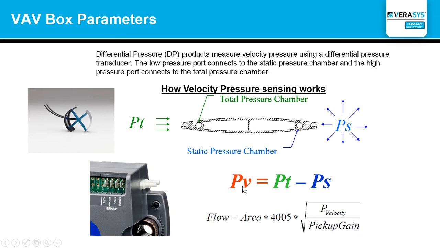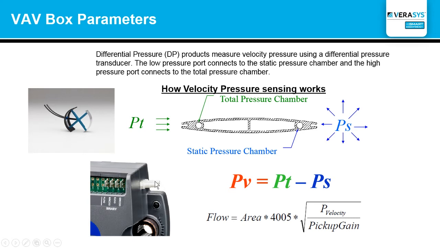The velocity pressure is the total pressure minus the static pressure. And then it's put into a formula to calculate flow. One of the parameters of the formula is the pickup gain. So each one of these types of flow crosses have different characteristics of that pickup gain. With our VAV boxes, you'll notice that this pickup will have tubes that run out of it.